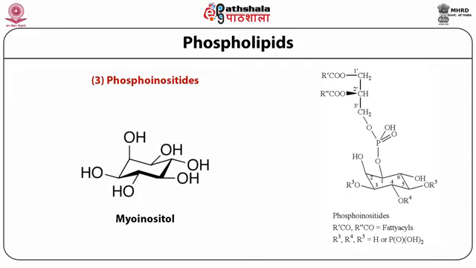In animals, myoinositol also occurs in free form in tissues like muscle, heart, lung and liver. The structure of the myoinositol is shown in the slide.